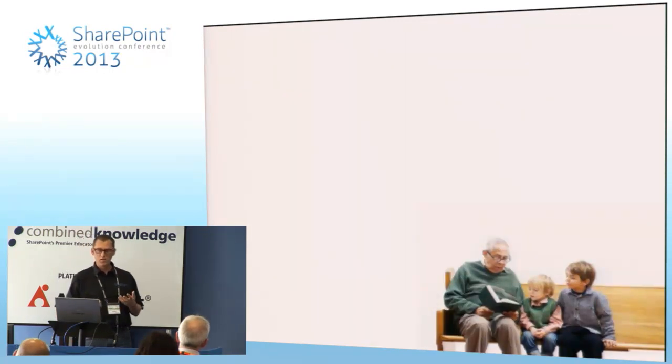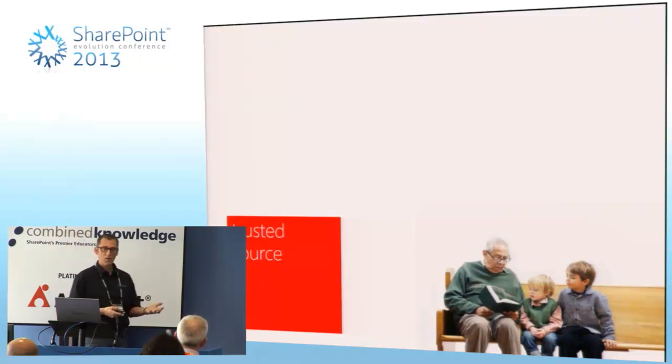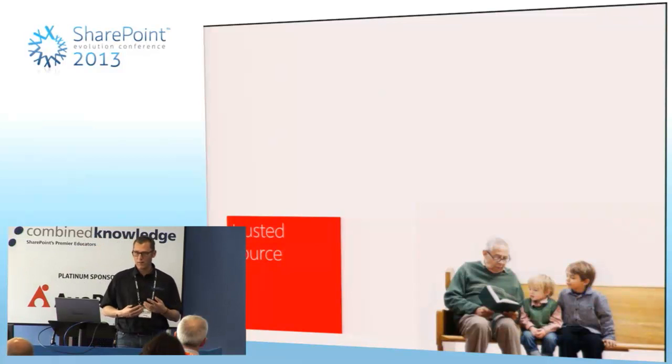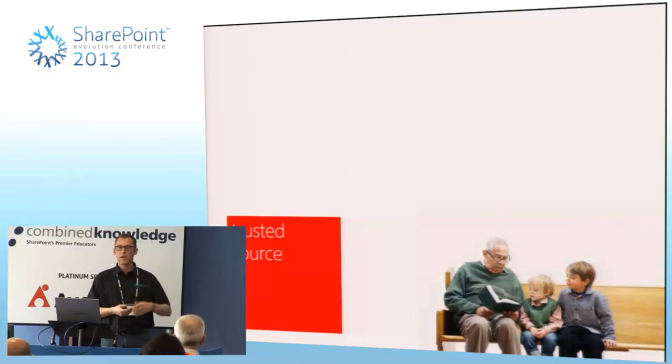At the same time, we are using old values, old principles, but just applying them in new ways. So, for instance, if you think about where people get their information, how do you build knowledge, and how can people share their knowledge? What we used to do in the old days was, if I have a problem or a question, I go to someone that probably can help me. Information turns into knowledge when it is being used by people, if it's being interpreted. And if you go to a trusted source, someone who you think knows exactly what he's talking about, then that information gets a bit better value for you.